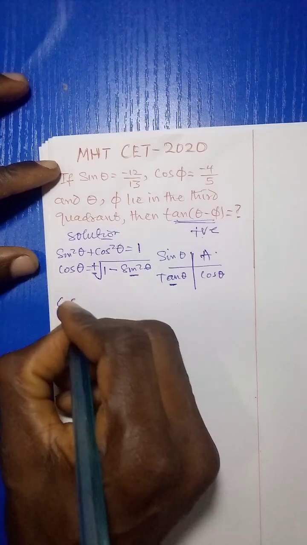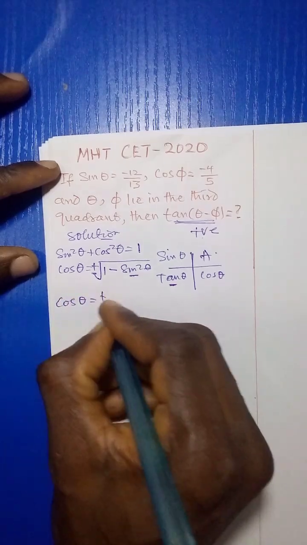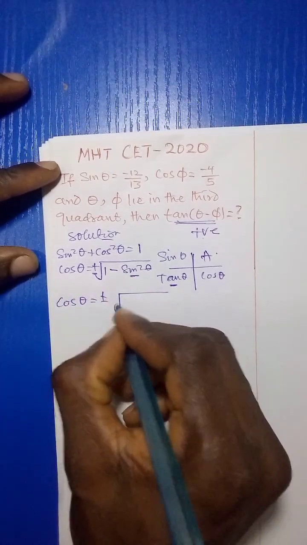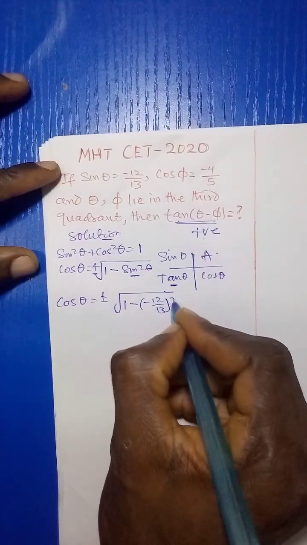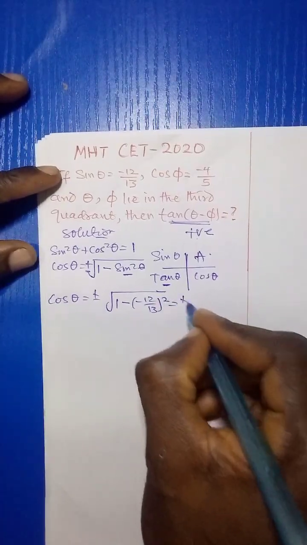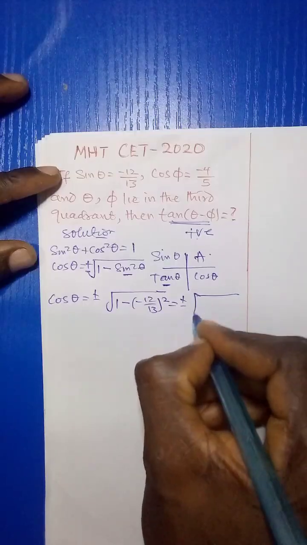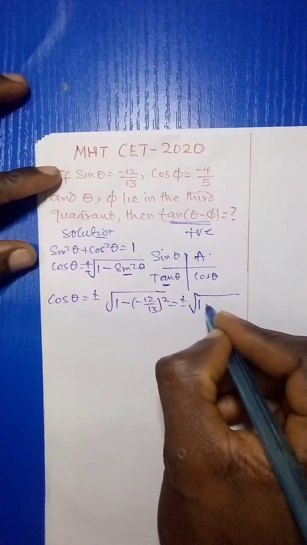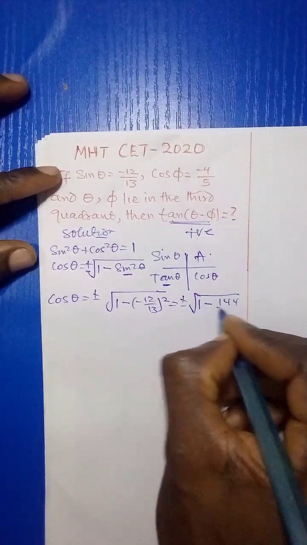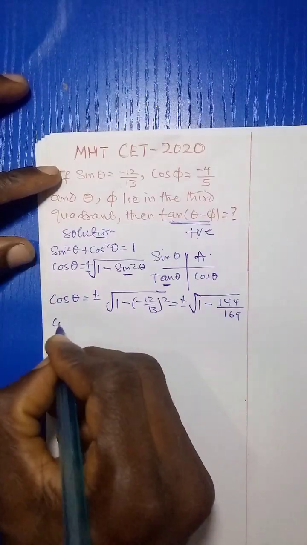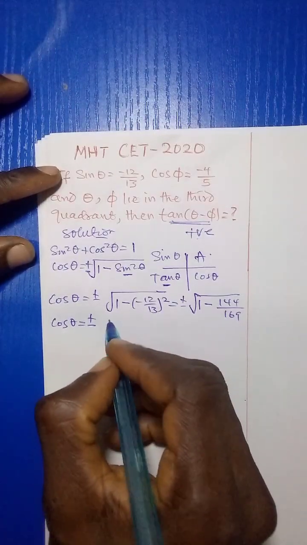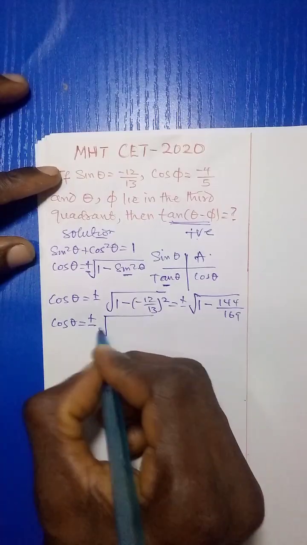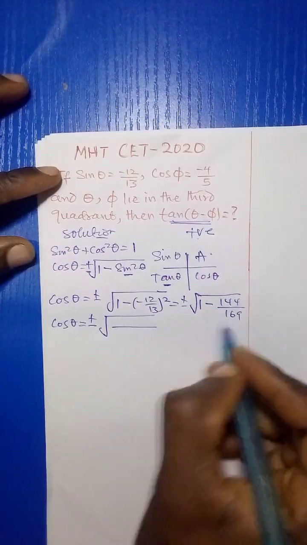So cos theta will now be equal to plus or minus the square root of 1 minus (12 over 13) all squared, which will give us plus and minus the square root of 1 minus 144 over 169.